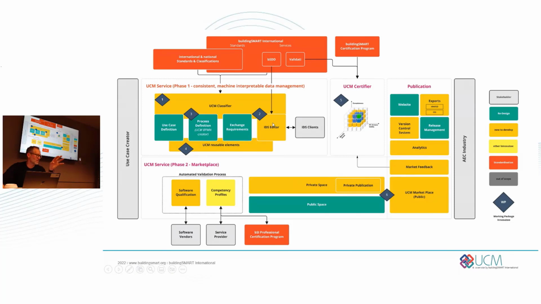What we have currently in the Smart Sheet is more like an expert tool, and people have to know what they put in the tables. But in future, we really want you to be able to open an interface where you can browse through the entities, and you can put together in a more or less visual way of working your exchange requirements in addition to your process map. So that's the second part we're working on, to get the IDS editor together.